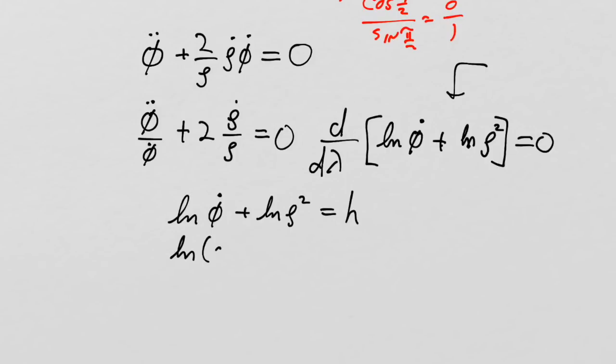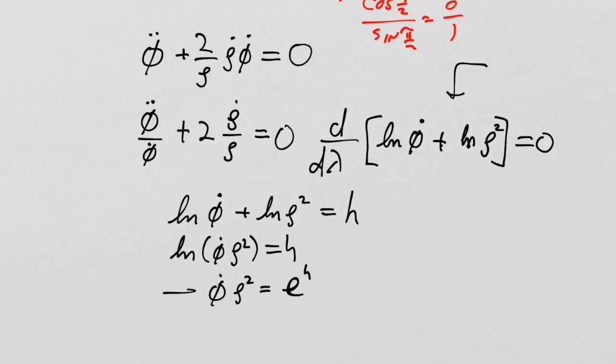So that's the log of phi dot rho squared equals h. And then if I take the exponential of both sides, I get phi dot rho squared equals e to the h.